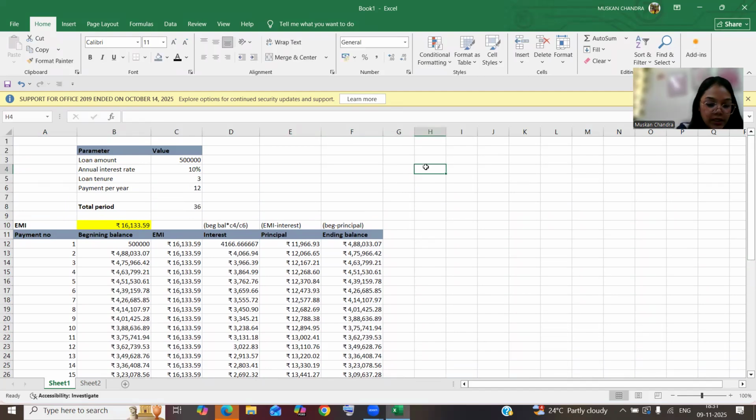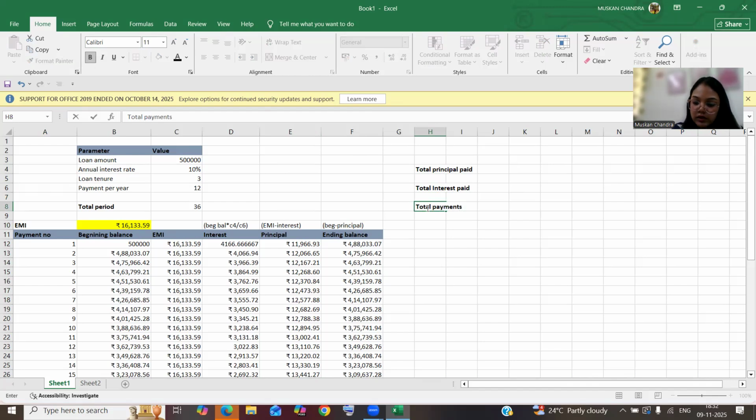And now the total principal paid, the total interest paid, and total payments, which is principal plus interest.